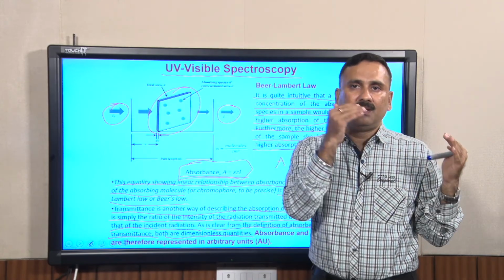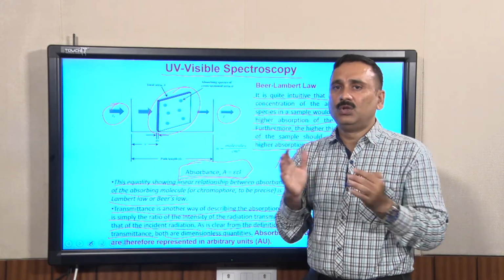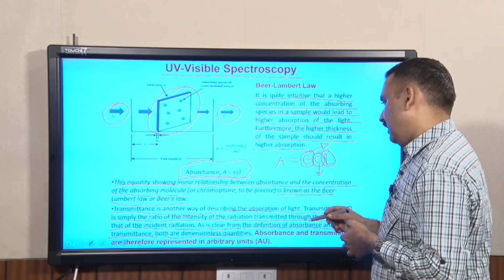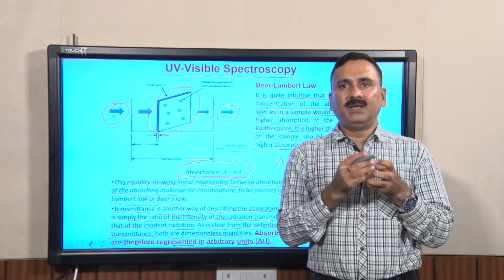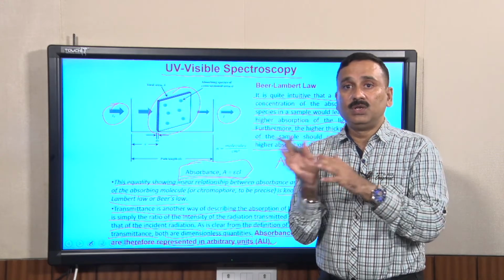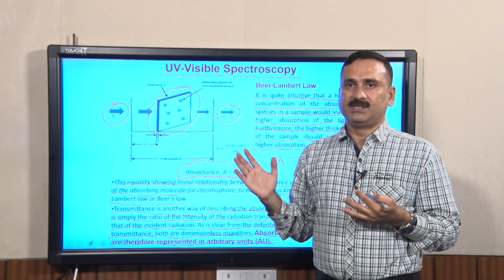So that is why absorption, absorbance or transmittance does not have any dimensions or unit, and that is why absorbance and transmittance are represented in an arbitrary unit, called AU, which means these values have no real sense because they can be any value. So there is no unit. It can be just 0.2, 0.3, 0.4, all arbitrary units.